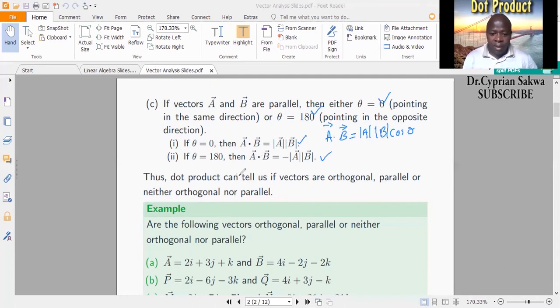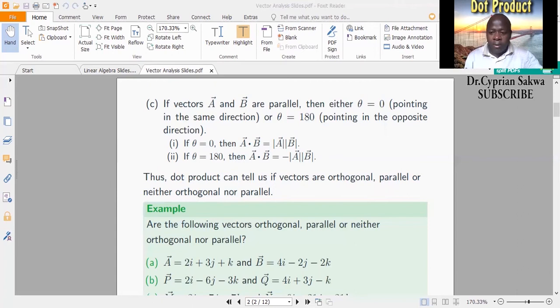And therefore, what this means is that the dot product is very important to us because it can help us to tell if vectors are orthogonal, parallel, or neither orthogonal nor parallel. You may just do that by finding the angle between them and seeing if the angle is 90, 180, or something else.